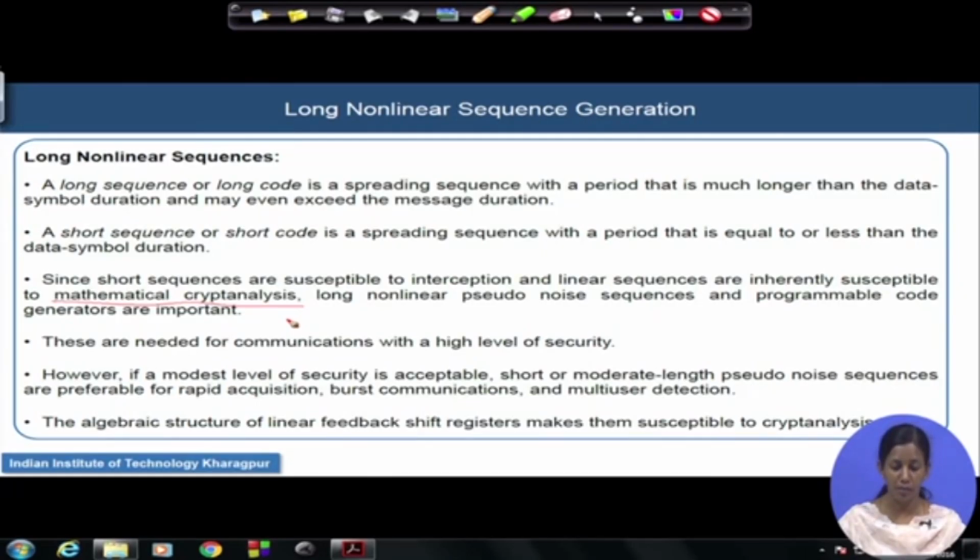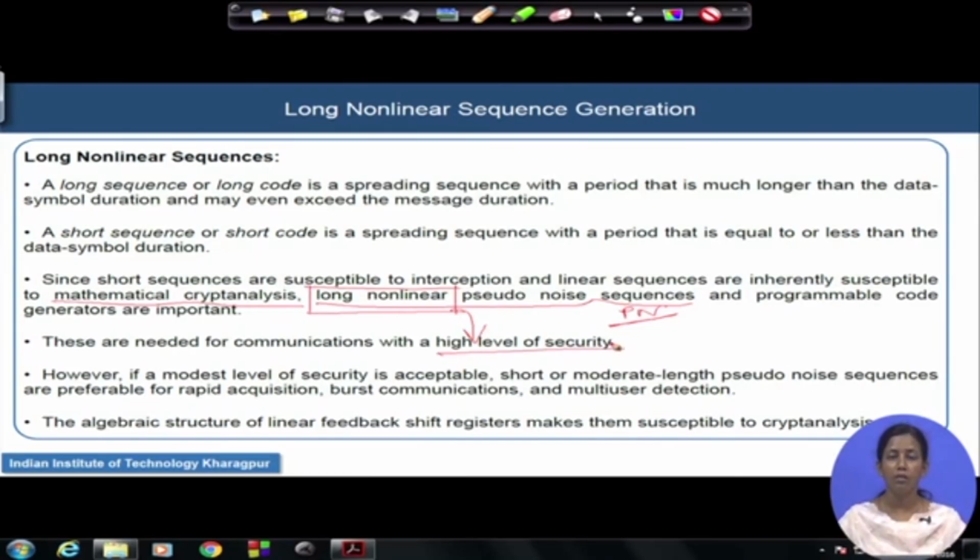In order to avoid both, we usually prefer to go towards long nonlinear pseudo noise sequences, or PN sequences, and programmable code generators, which are very important to understand now. Remember, these long code sequences with nonlinearity involved give a very high level of security.